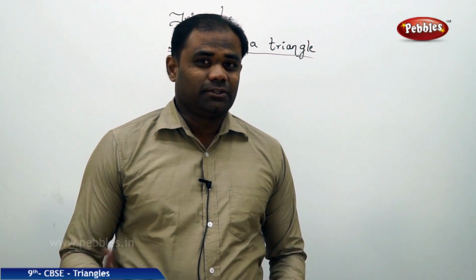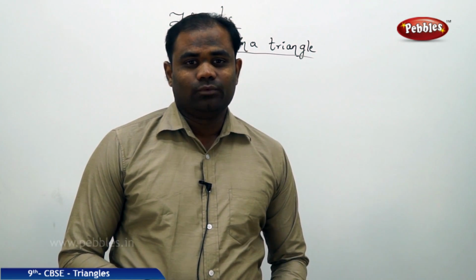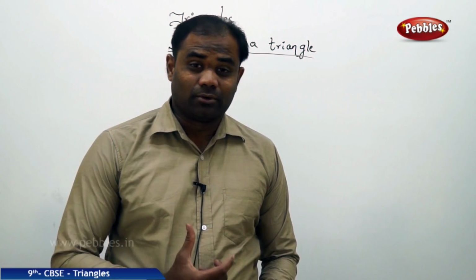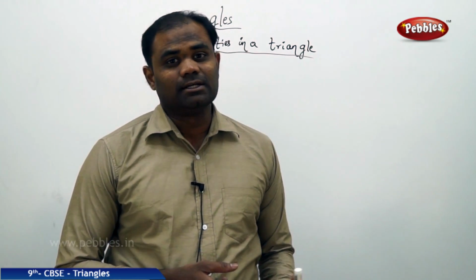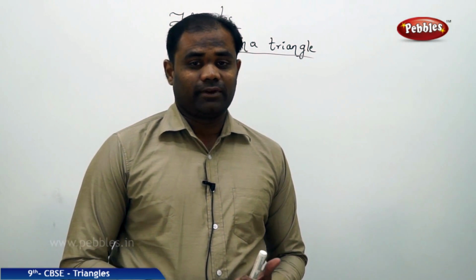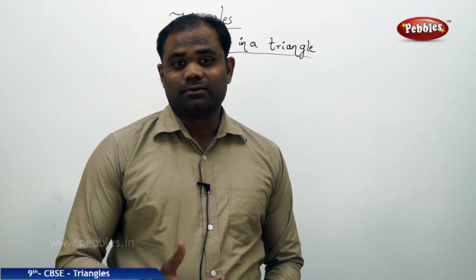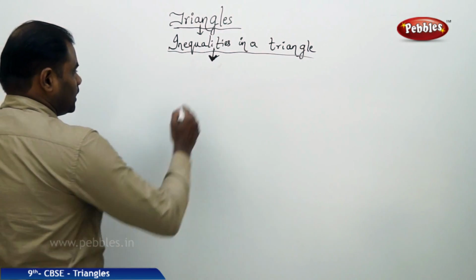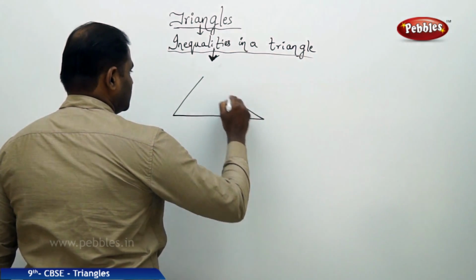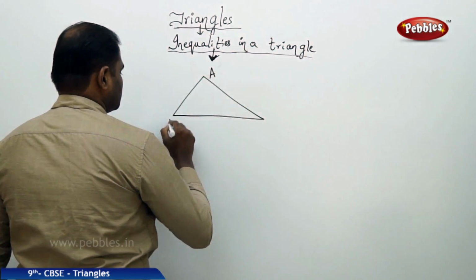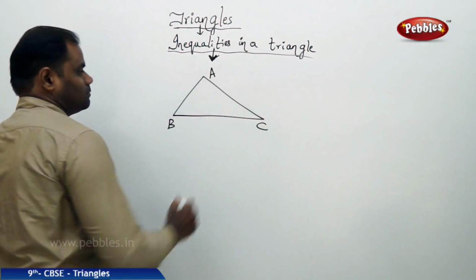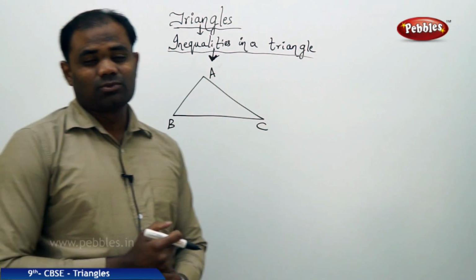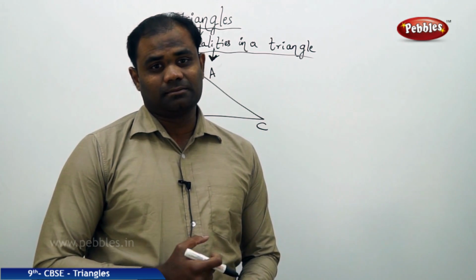Now that we have seen the triangle inequality, will the inequality be true if it is equal? Let's see the investigation of triangle inequality reduced to equality. For example, I have a triangle ABC. Will the sum of two sides be equal to the third side?